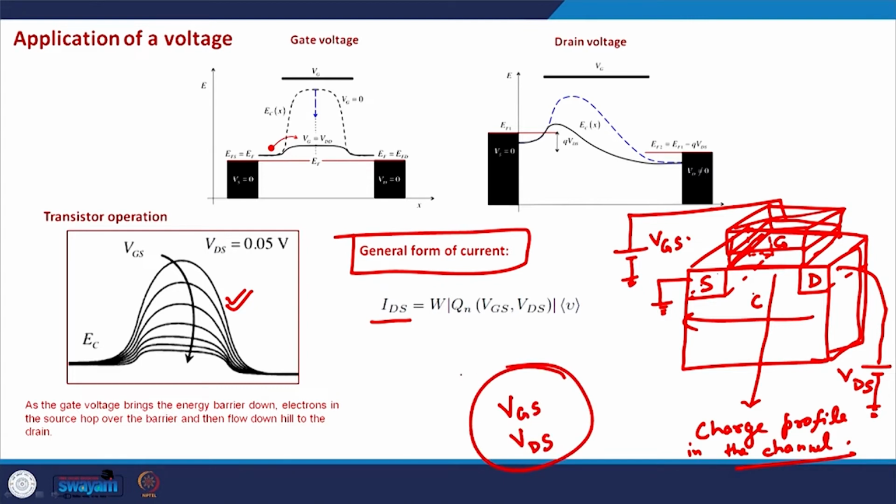So the charge per unit area, because this inversion layer in the channel is like a quasi 2D channel, almost like a 2D thing.